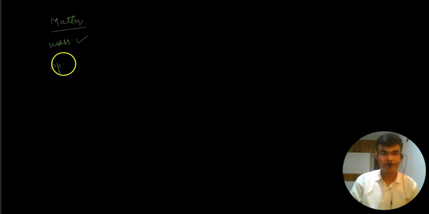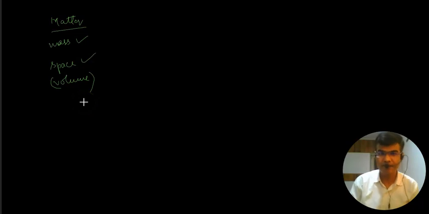So fine, let me introduce to you the first term of chemistry, which is called matter. So in chemistry, we define matter as something which has some mass and occupies some space or volume. You can say space or volume, right?